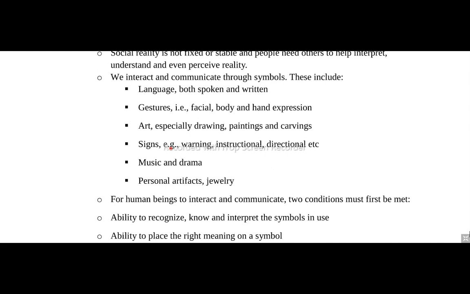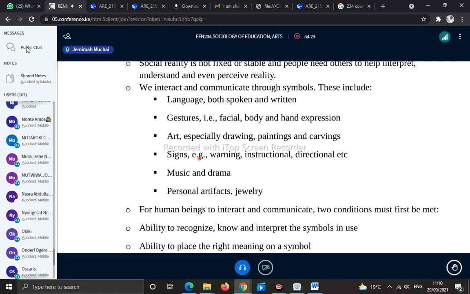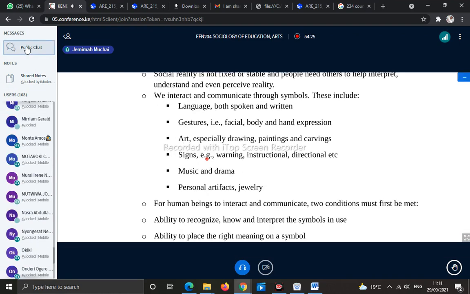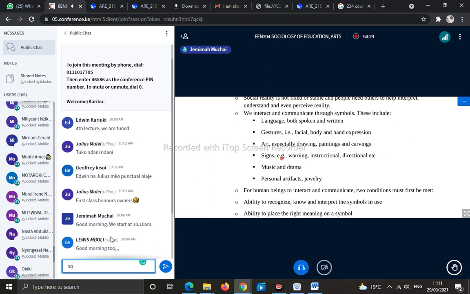Signs. For example, you are at the gate, Machakos University. Have you ever come across any signs in the university itself? You start at the main, immediately that roundabout that is near the main gate. There is a signboard written several things showing you the direction. Those are signs. Signs can be warning signs.